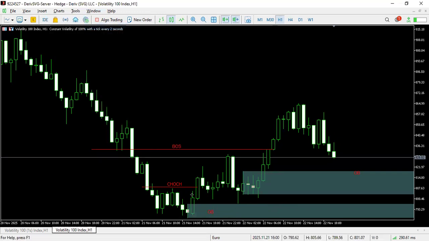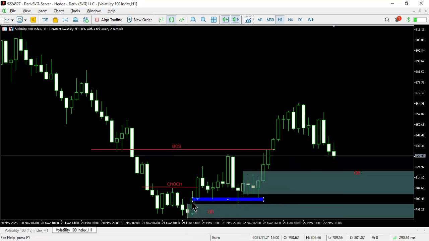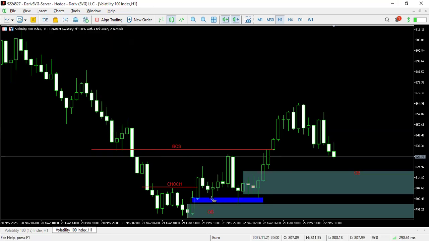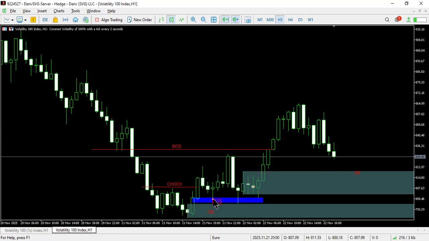So it reacted from the FVG, the fair value gap, instead of the order block. So there's a possibility of price coming back to mitigate the order block. So I'm gonna be waiting for price at these 2 points of interest, this order block and that order block.